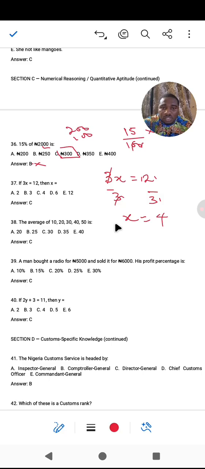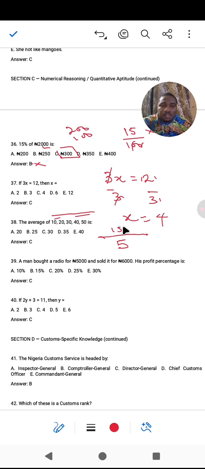The average of these numbers, just like the question you're asking. See, you have 10, 20, 30, 40, 50. What is the average of these numbers? 1, 2, 3, 4, 5, so there are 5 of them. So you add all of them and divide by 5. You can take this and this with 100, 150.